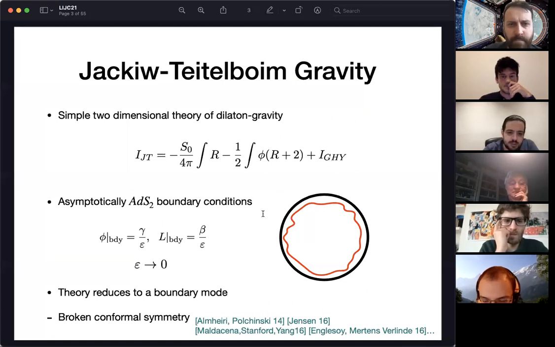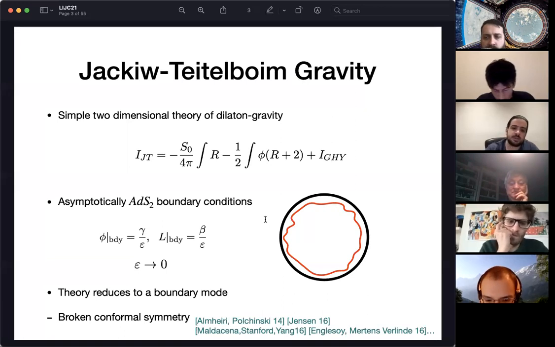So the first question is, we want to study this theory of gravity in asymptotically AdS space and try to study what holography means in this context. So first we need to decide what the boundary conditions are. This is 2 dimensions, so we have a radial direction and time, which is the angle.